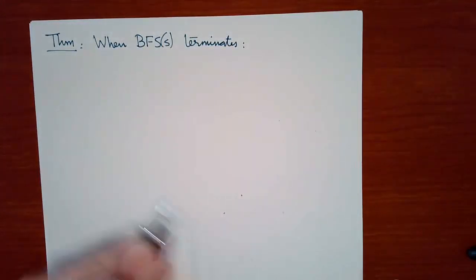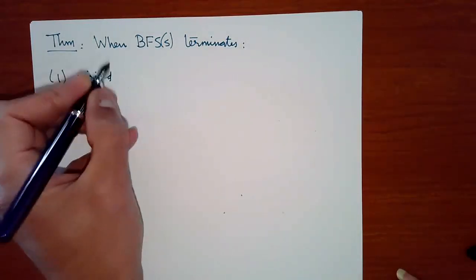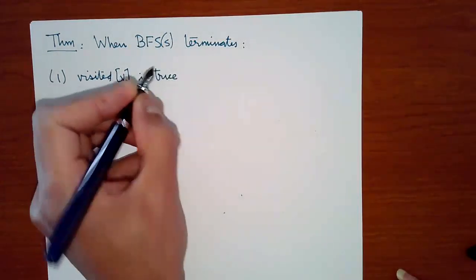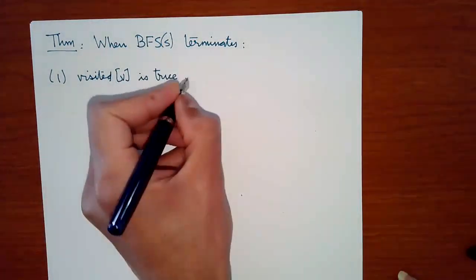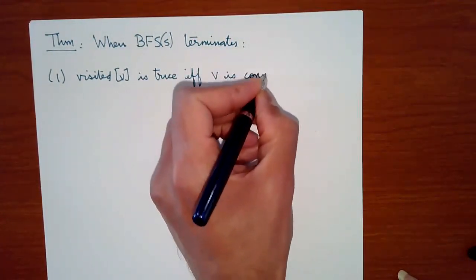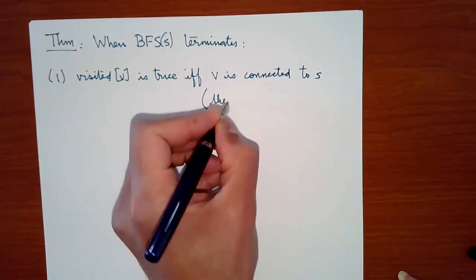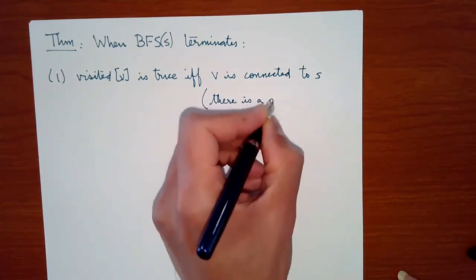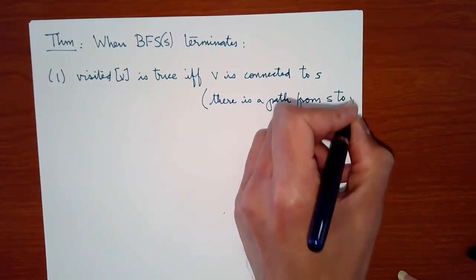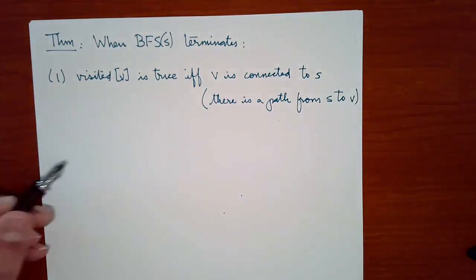terminates, visited V is true if and only if V is connected to S. This means that there is a path from S to V. I'm being a little more precise here, from S to V, because the graph could be directed.